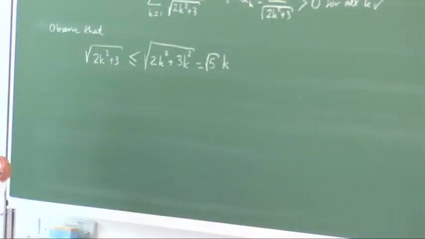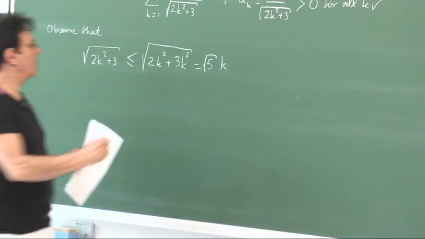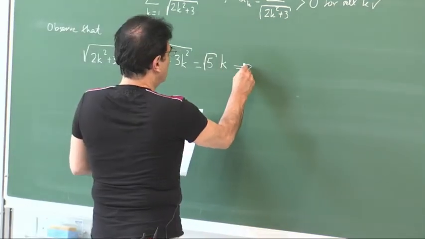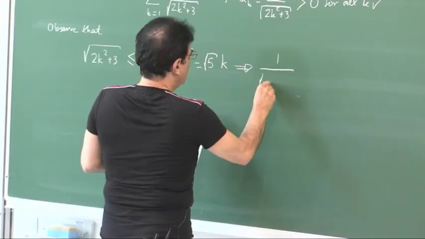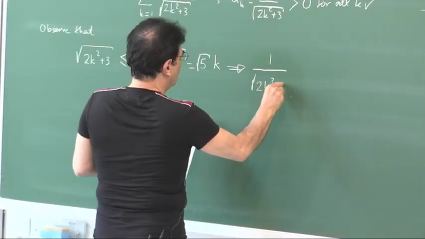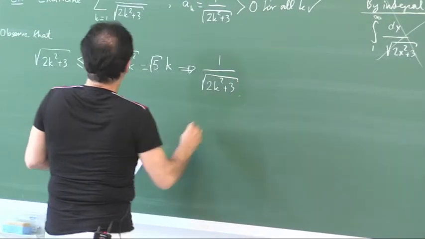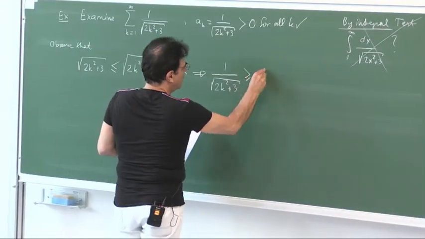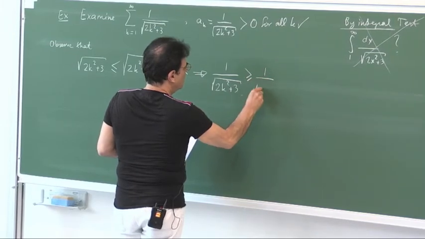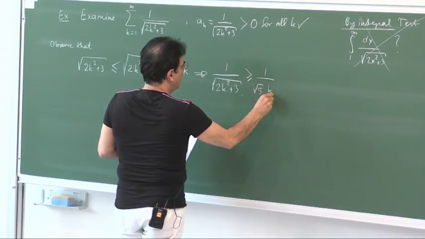It is 5k squared under the root, and therefore taking the reciprocal, we have 1 over the square root of 2k squared plus 3, using this inequality, is larger than 1 over radical 5 times k.